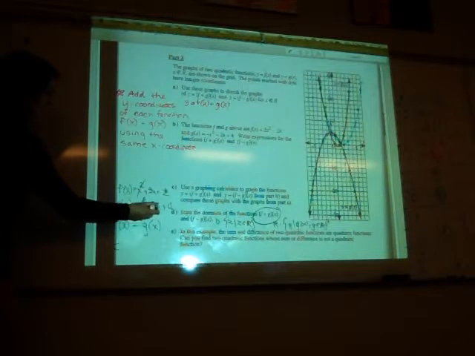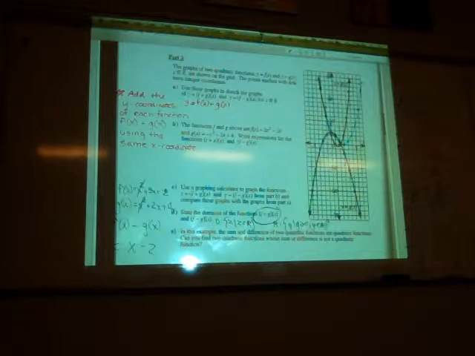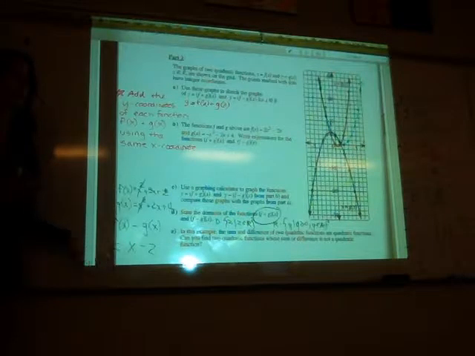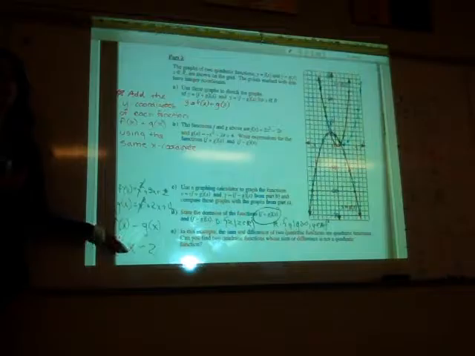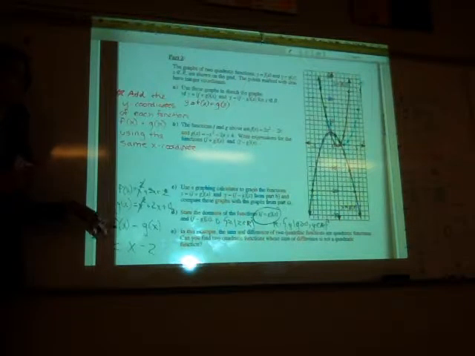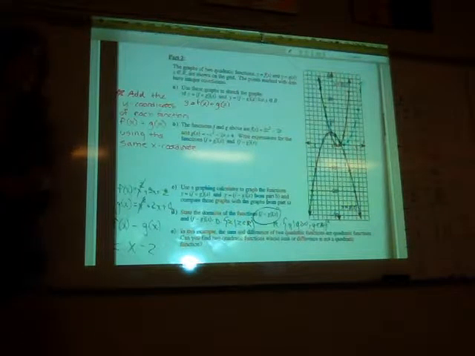Then 3x minus 2x is just x, and 2 minus 4 is negative 2. So now instead of a quadratic function, what do I have? A linear. Okay, so there is a way of having a solution that isn't necessarily degree 2. It could be degree 1. Or in the case that the x is cancelled out, you could have degree 0, which is just a constant. Okay, so there are some cases where you don't always get quadratic functions or parabolas. Sound good?